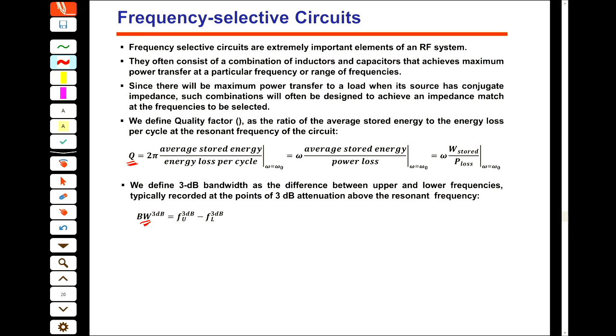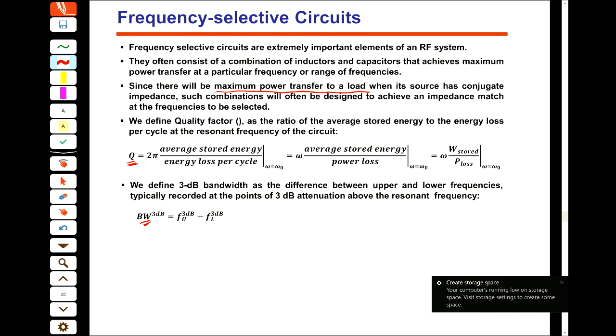To have maximum power transfer from a source to a load, we saw in lecture 4 that we need conjugate impedances between the source and load.